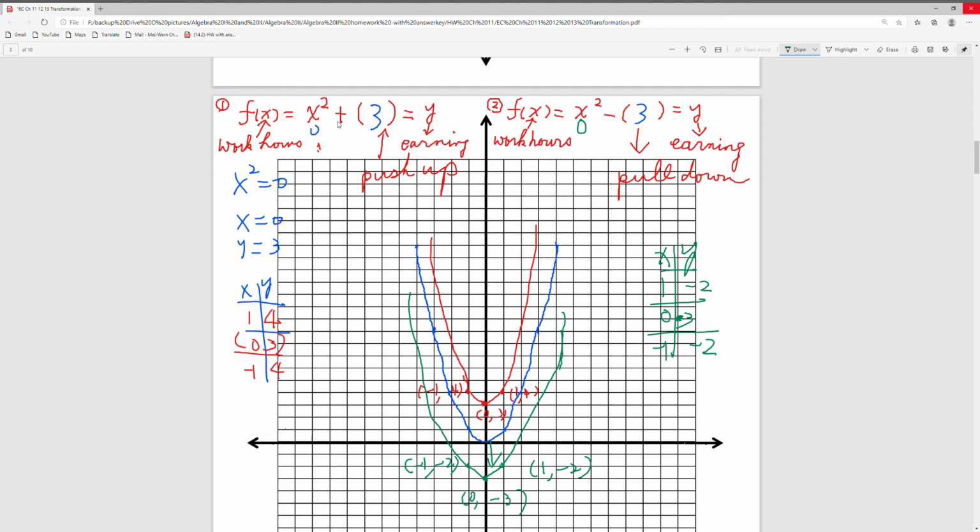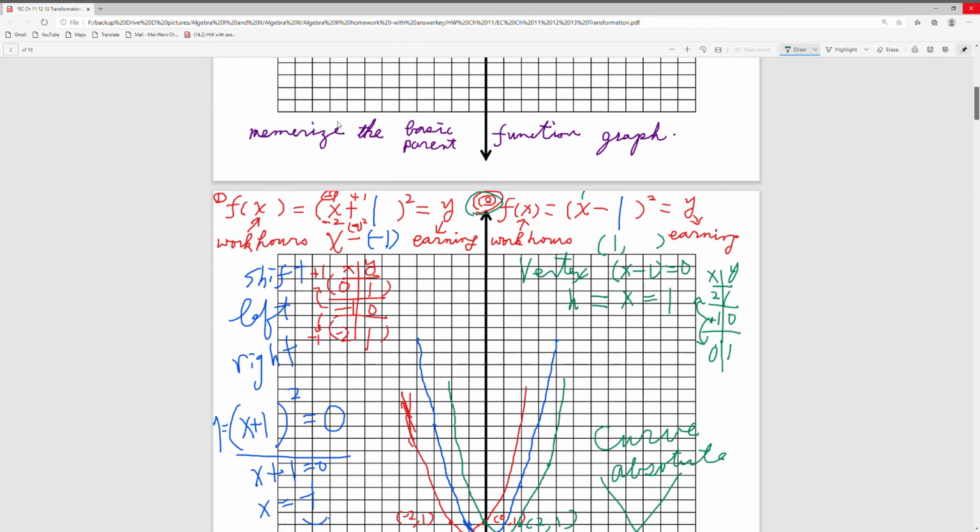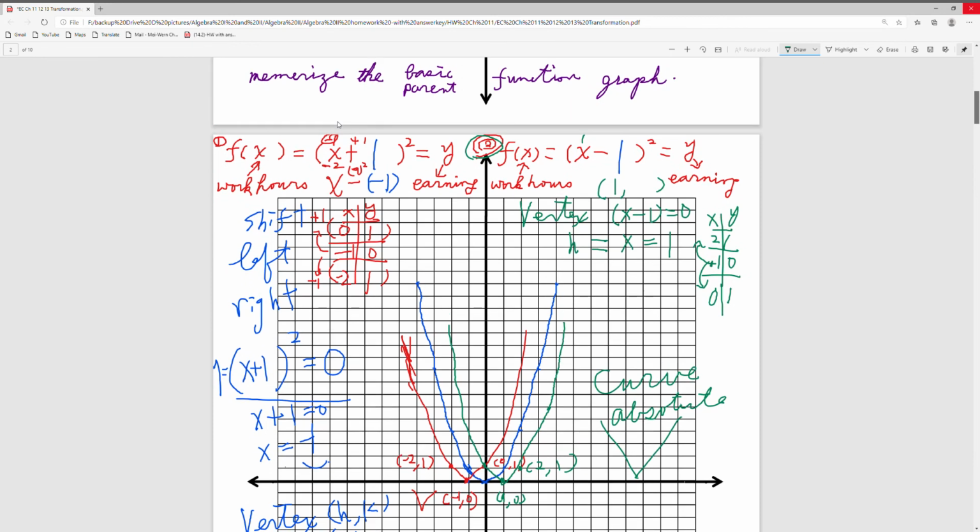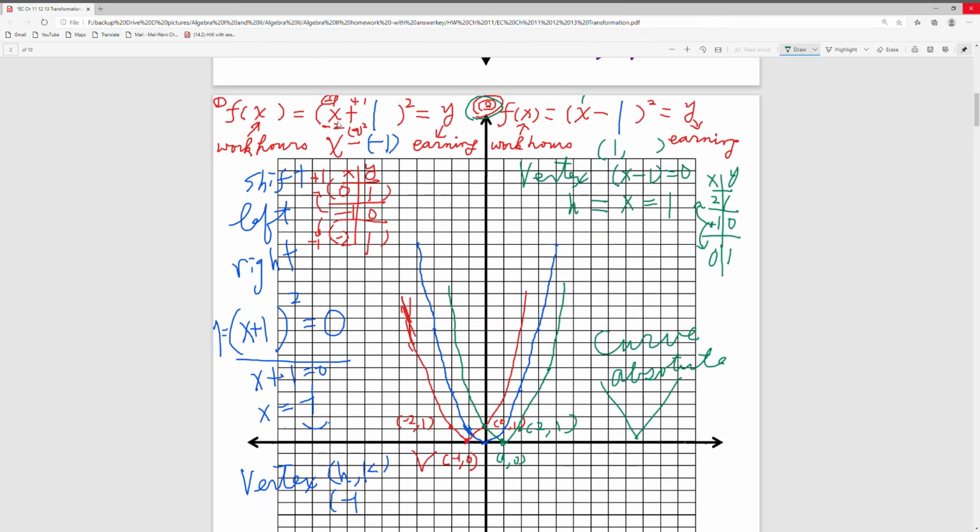So basically, h is 0. K in this case is 3, and with minus 3, K is -3. So basically, K is telling you whether this graph needs to be pushed up or pushed down. So that's K and H. Now I would like to go back to earlier, when x is plus or minus.